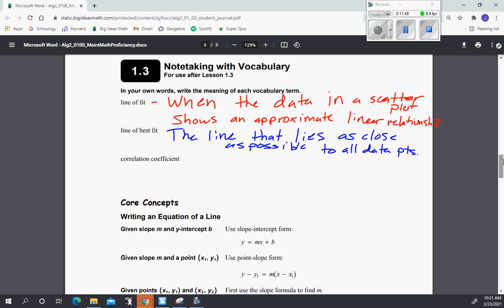Again, if I had my scatter plot here, dot, dot, dot, and I need to draw a line of best fit, pretend that your line is you walking down the hallway, and all your friends are on both sides of you, and you want to reach your hands out and hit as many as you can. That's the line of best fit. My line of best fit probably won't be exactly the same as yours. It's kind of an approximation, which is okay. But we want to get as close to the middle of all those points as possible.